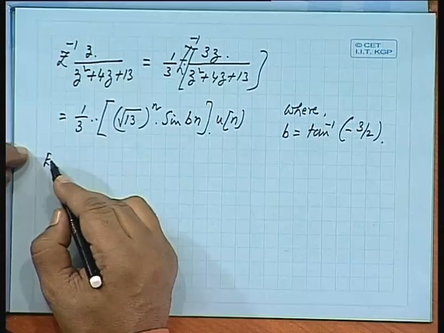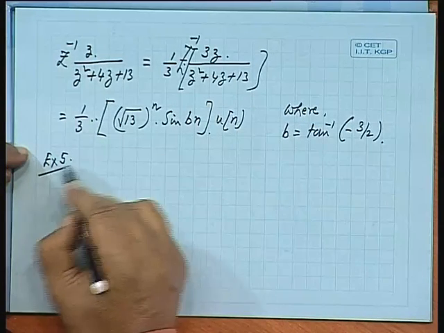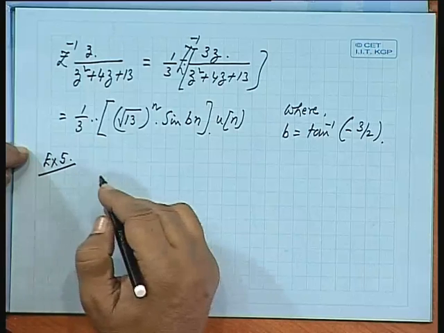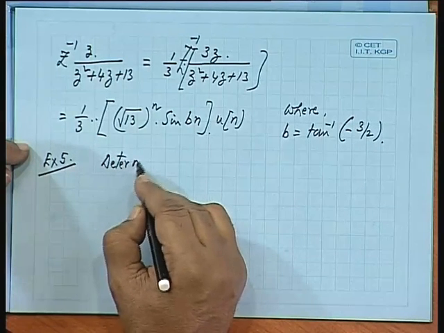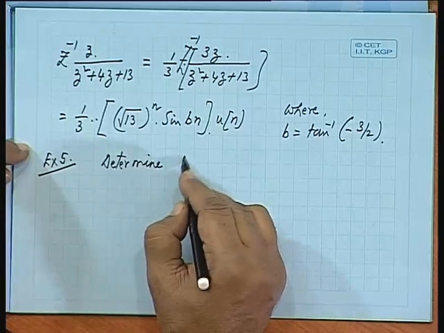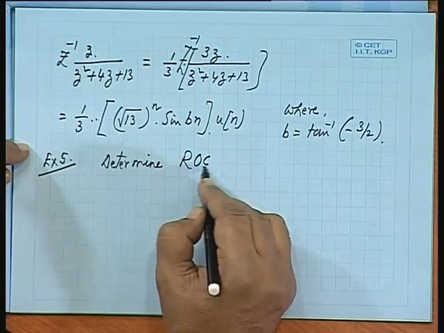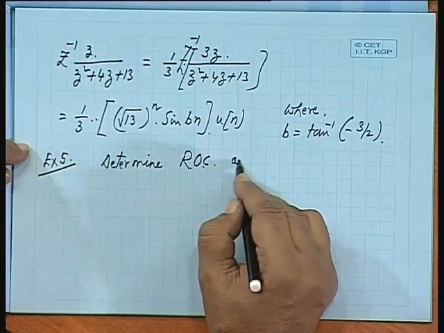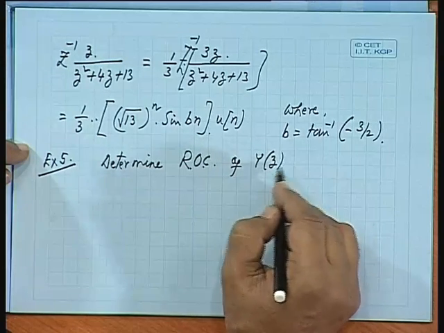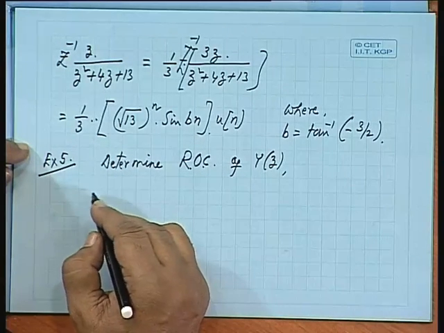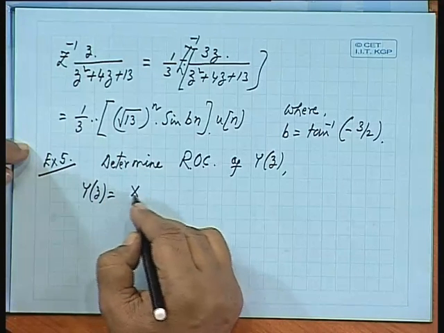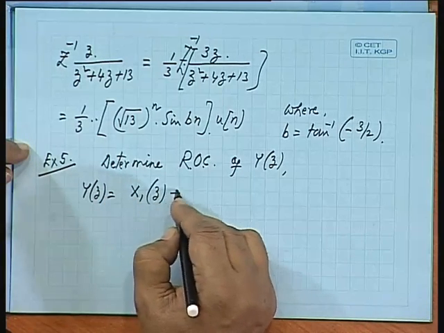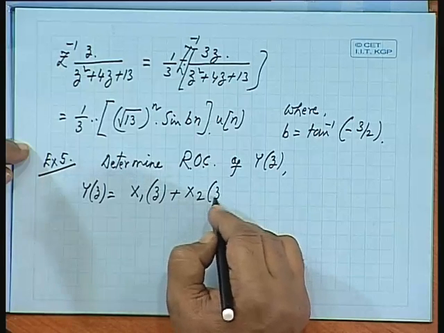Another example we would like to take. Determine the region of convergence ROC of Y(z), where Y(z) is given as the sum of X1(z) and X2(z).